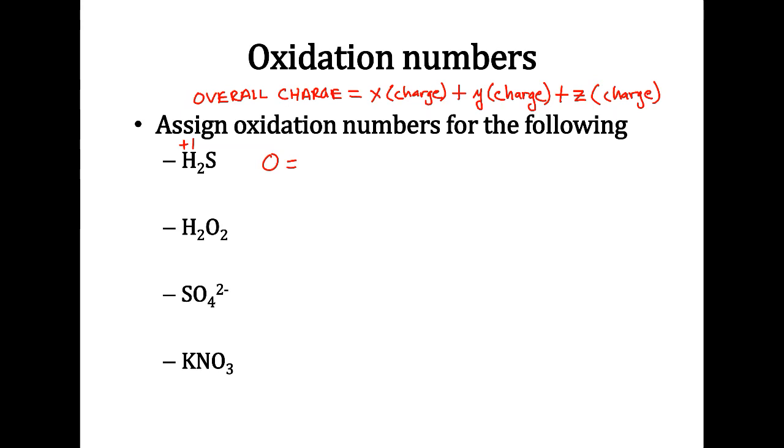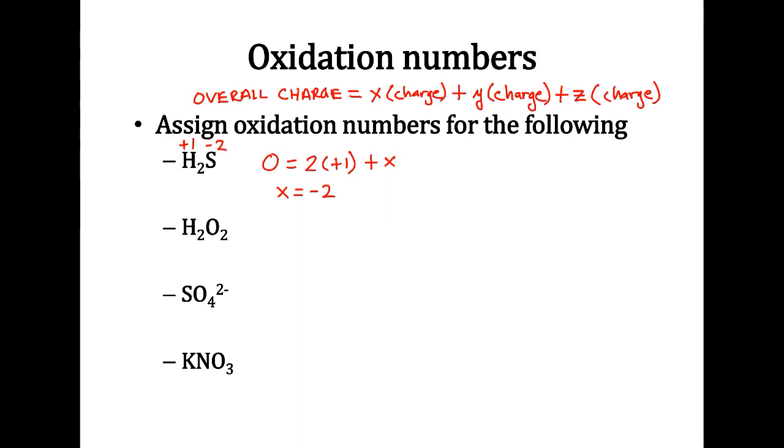We have 2 hydrogens, so we take 2 times its oxidation number, +1, plus how many sulfurs do we have? Well, we only have 1 sulfur, and we don't know the charge, so let's call that X. So we need to solve for X. And once we solve for X, we'll see that X equals -2. So sulfur has an oxidation number of -2.